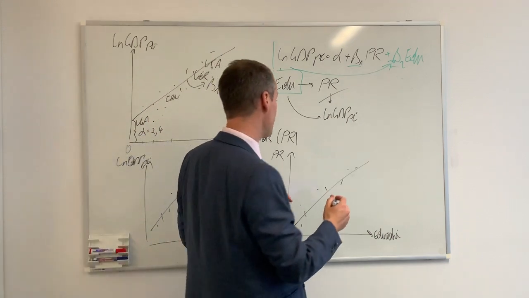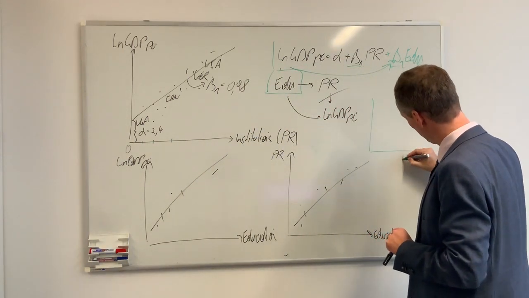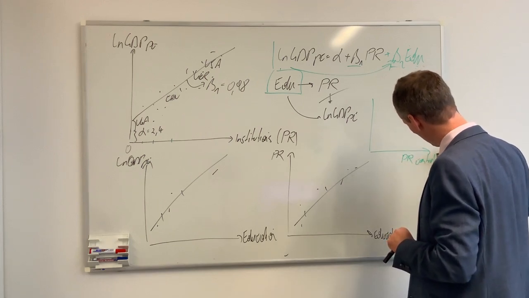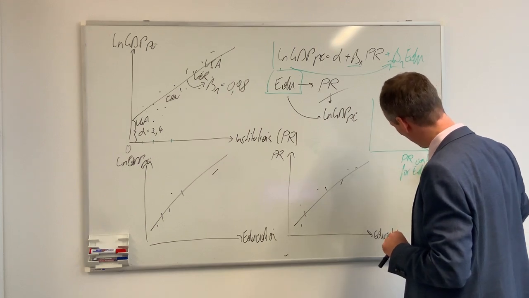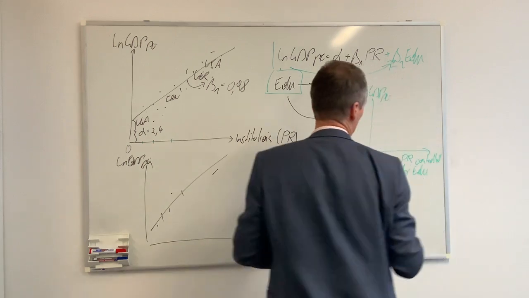If this was the case, then property rights, controlled for education, and ln GDP per capita.